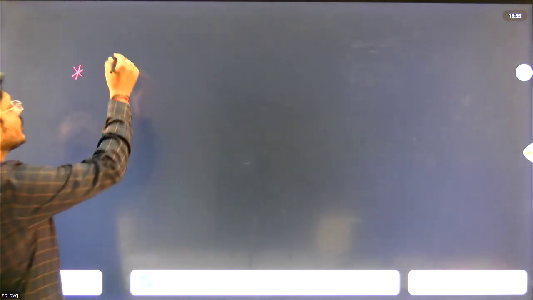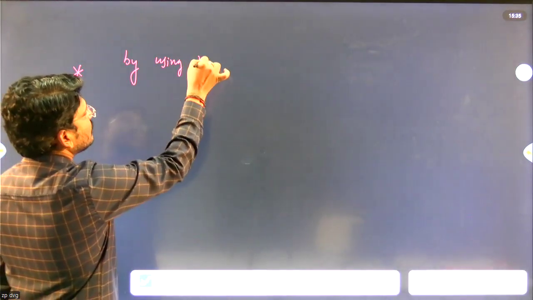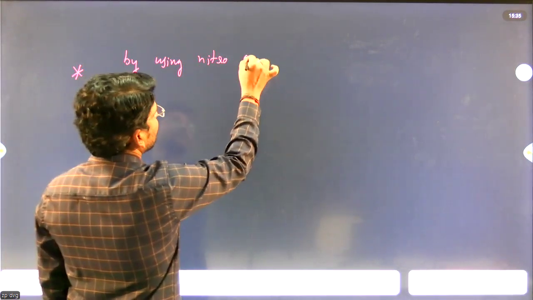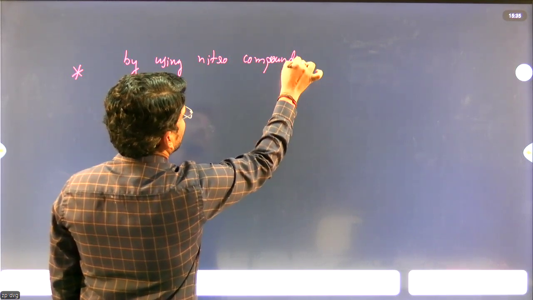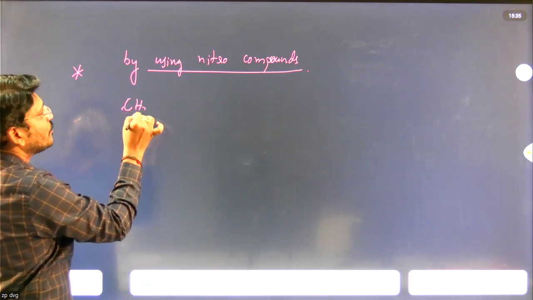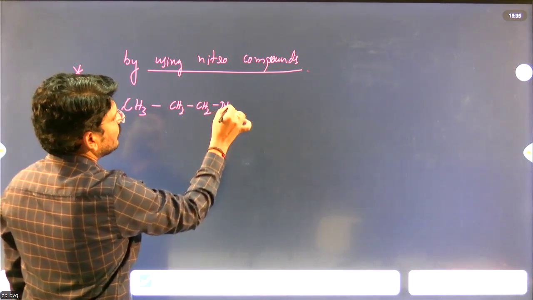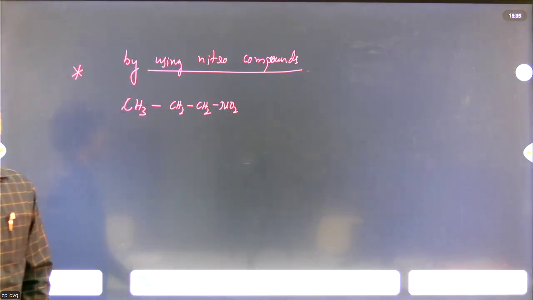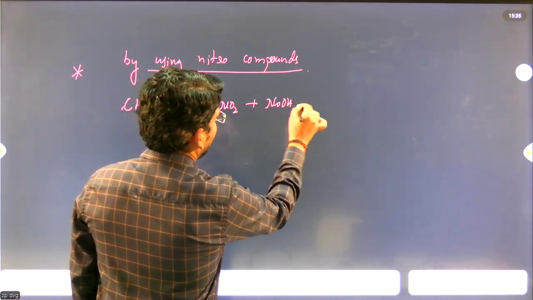So we can take one more method of preparation of aldehydes as well as ketones. We can consider using nitro compounds. So here, if you use CH3, CH2, CH2, NO2, if any nitro compounds are there, they undergo reaction with NaOH, heated with NaOH.